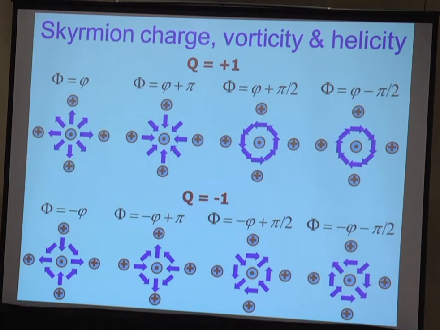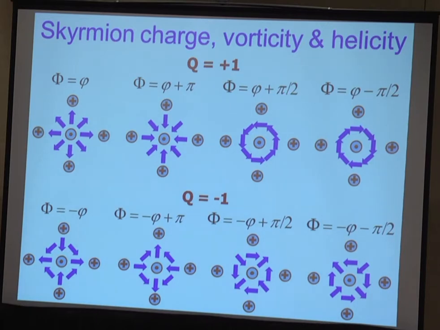So you see in chiral magnet systems, the way to change the topological charge of a Skyrmion is to change the direction of the magnetic field, but here you can also change vorticity at the same energy. In addition, there is helicity, the angle between the spins and the radial direction. So here it is 0, here it is pi, so these are Néel Skyrmions, pi over 2, minus pi over 2.